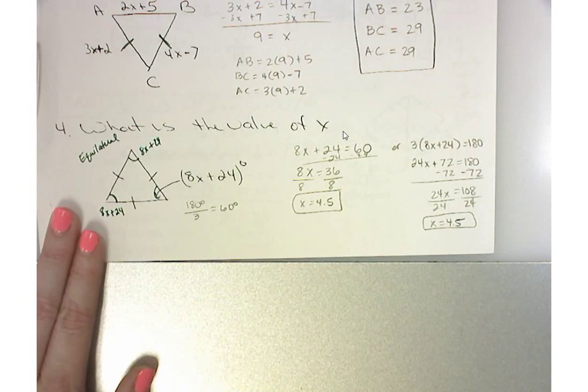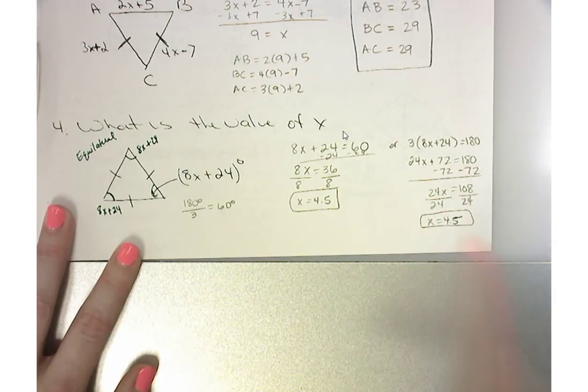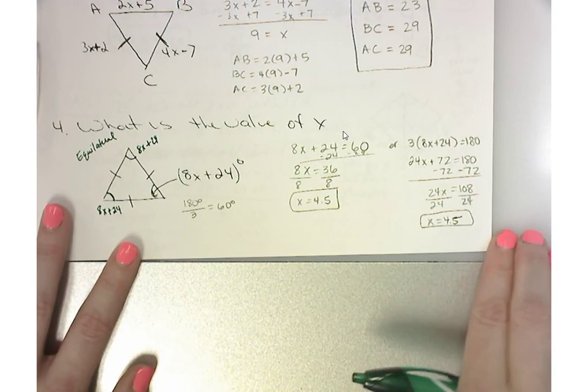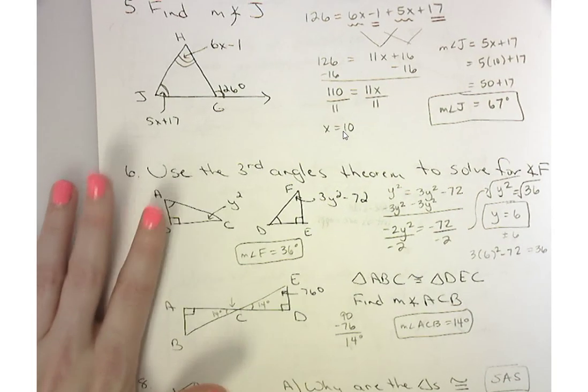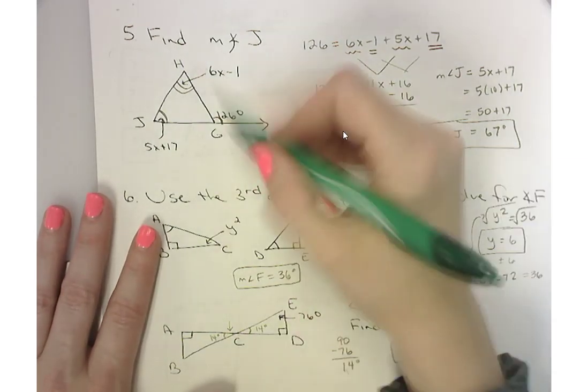Okay, for the next page, this is another theorem that you might want to write down because I think some of us forgot about this. This is the exterior angle theorem. The exterior angle is equal to the sum of the remote interior angles.